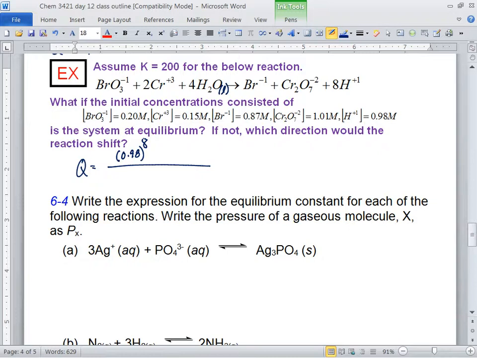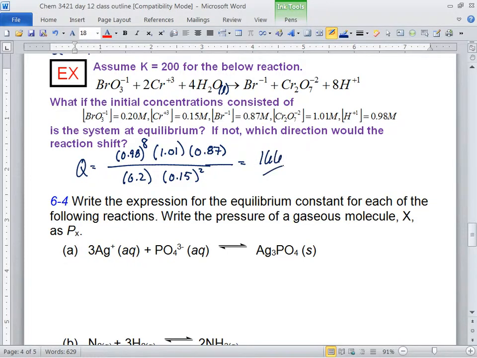Products over reactants. Okay, I got about 166.